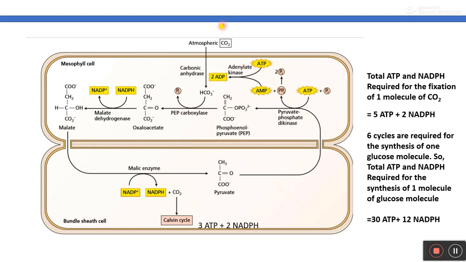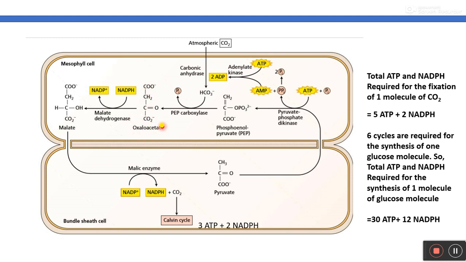At the initial stage, atmospheric CO2 enters the mesophyll cells and is accepted by phosphoenol pyruvate, and with the help of the enzyme phosphoenol pyruvate carboxylase, phosphoenol pyruvate is converted into oxaloacetic acid, which is a 4 carbon containing dicarboxylic acid.